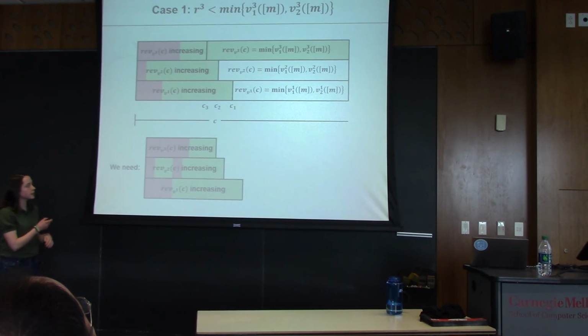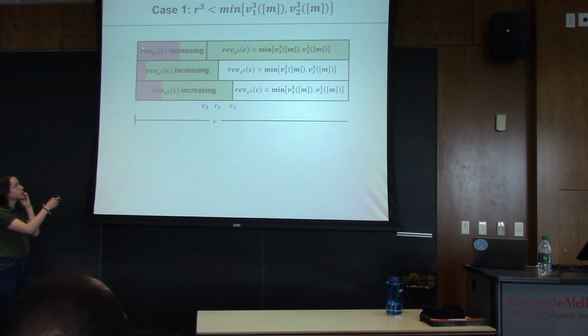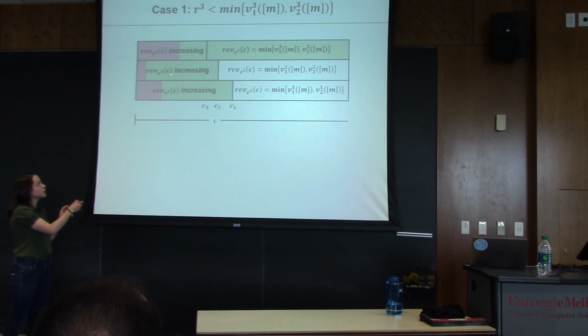Okay, but let's think about what the binary labeling looks like here. In this region, the binary labeling is 0, 0, 0. The revenue is always less than its threshold on all 3 samples. The labeling here is 0, 1, 0, and the labeling here is 0, 1, 1.